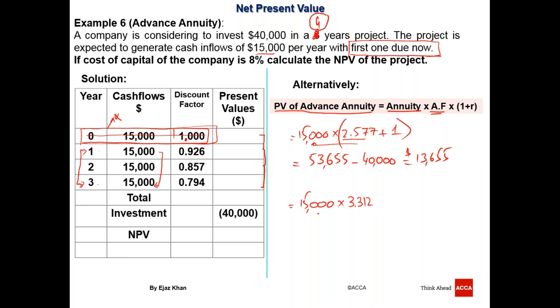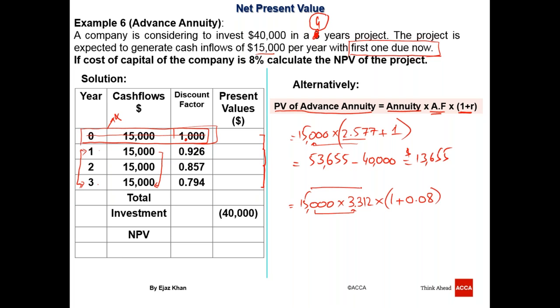3.312. Okay, if it was an ordinary annuity of a 4-year project, that is starting from year 1 to year 4, we call it an ordinary annuity, we wouldn't be required to do anything else. We just had to multiply 15,000 by 3.312 to get the present value. But since it's an advance annuity, we have to multiply it with 1 plus R. R is 8%, so we write 0.08.